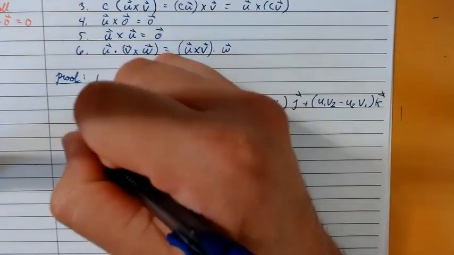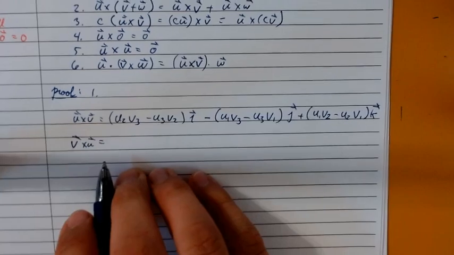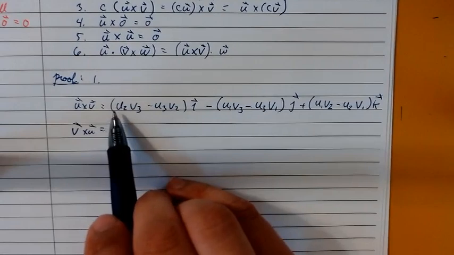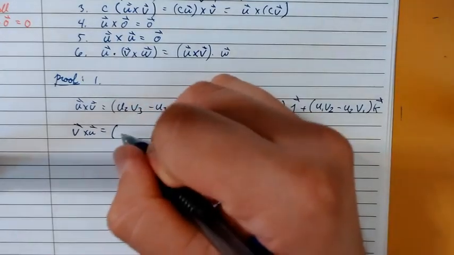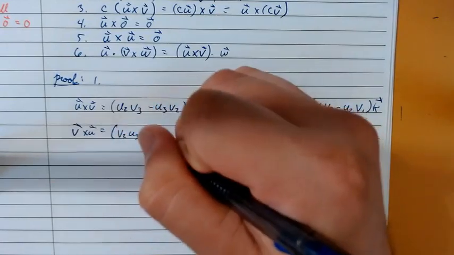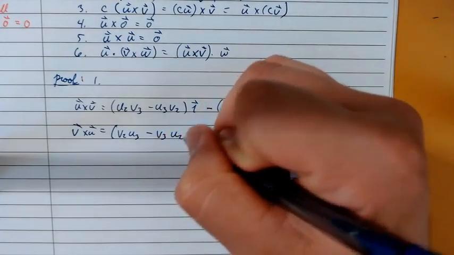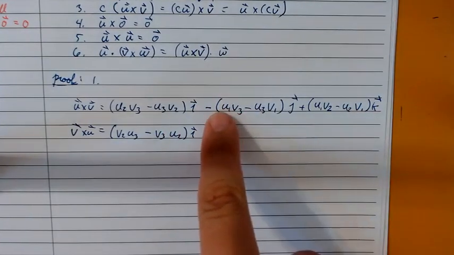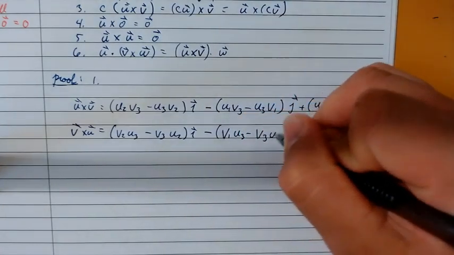Okay, well then what's V cross U? Well, V cross U would be the other way around, wouldn't it? Over here, wherever I see a U, I would replace it with a component of V, and then all the components of V would be replaced by components of U. So this would be, instead of U2V3, V2U3 minus V3U2, I, minus, and again, instead of U1V3, this would be V1U3 minus V3U1.